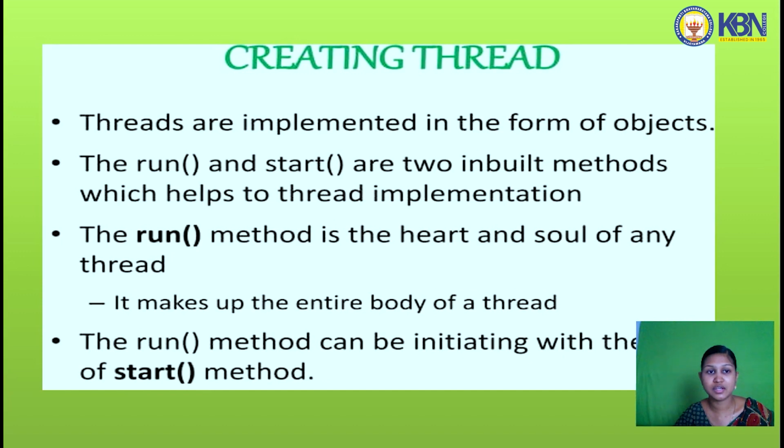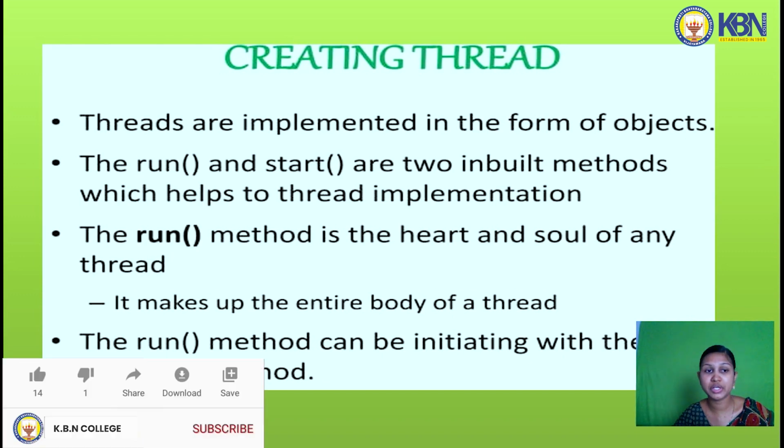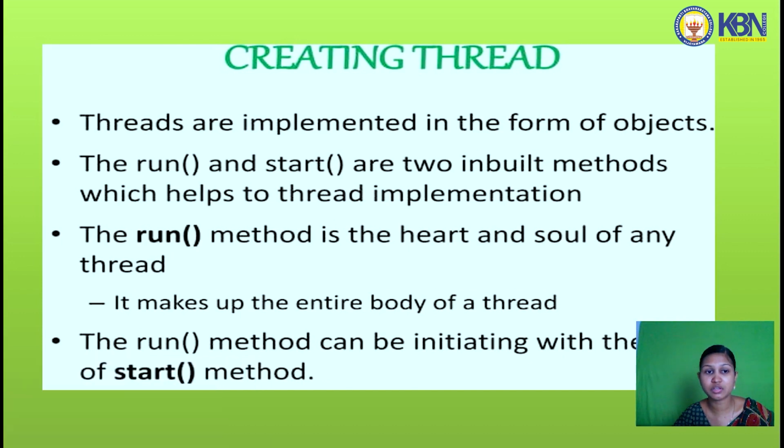And how to create a thread? Threads are implemented in the form of objects. To create a thread, you can use two inbuilt methods: one is the run method and the second one is the start method. The run method is the heart and soul of any thread.